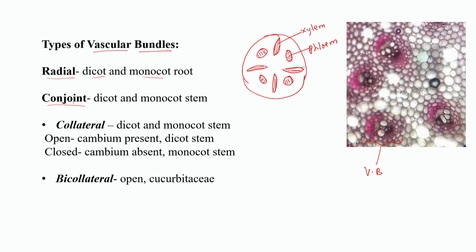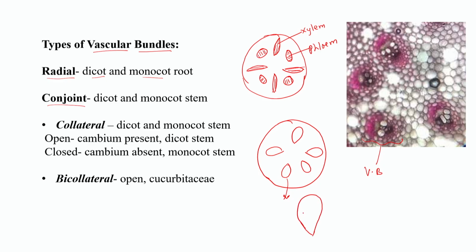And when we talk about conjoint, this is found in dicot and monocot stem. When we take one single vascular bundle, we will observe that xylem and phloem are found on a single radius.